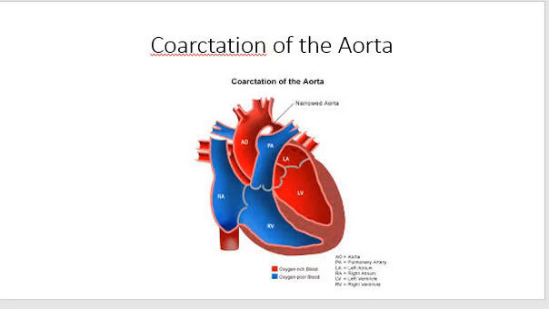So the effect of the narrowing in the aorta is increased pressure proximal to the defect, which is the upper extremities, and decreased pressure distal to it, which is the lower extremities. So your clinical manifestations: the patient could have high blood pressure and bounding pulses in the arms, and weak or absent pulses in cool lower extremities with a lower blood pressure in the lower extremities.